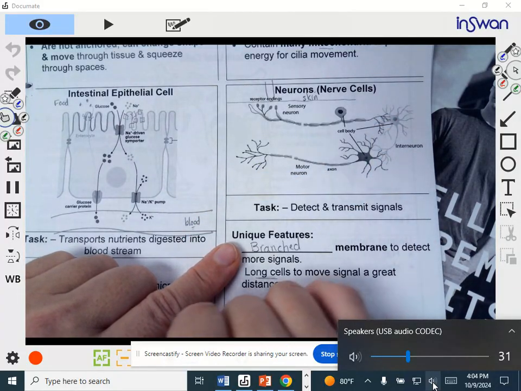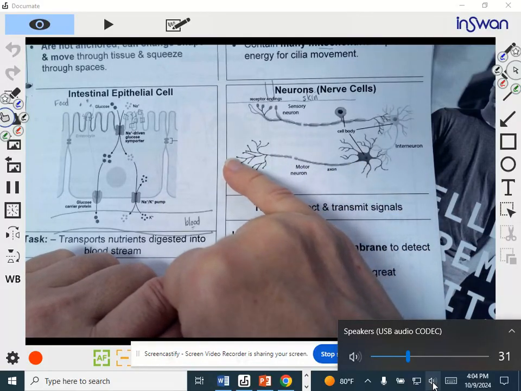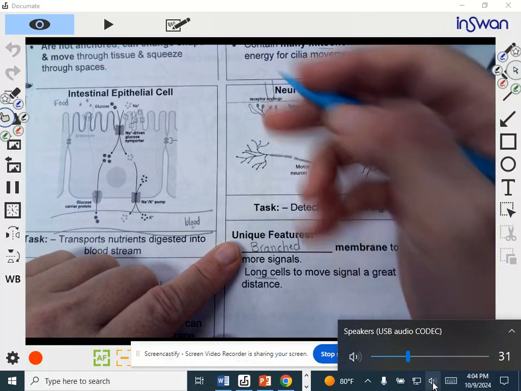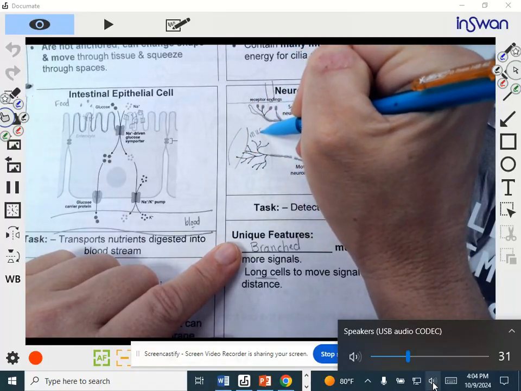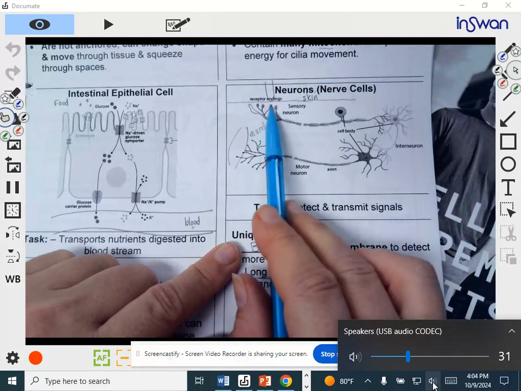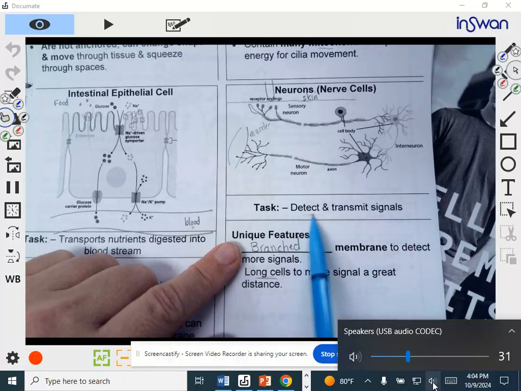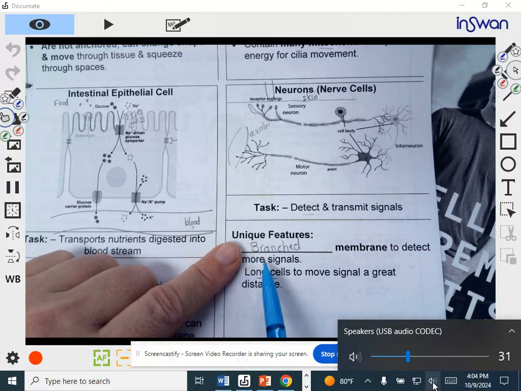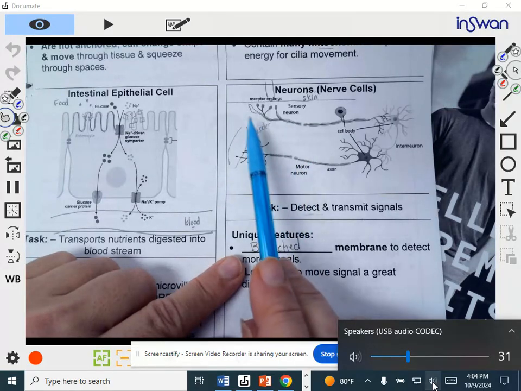And your brain can send messages to other nerves that can then cause your muscle cells, so let's draw a muscle, to be able to respond, to pull your arm away from whatever's poking you, okay? So nerve cells detect and transmit signals. Now, one key feature is they're able to detect more if they're branched.